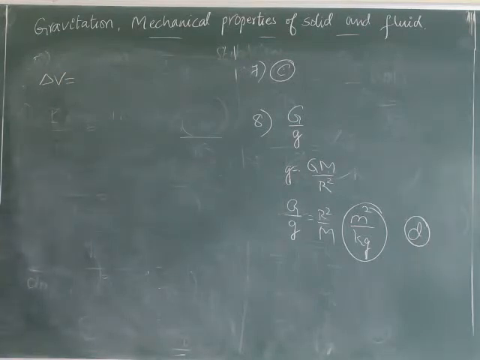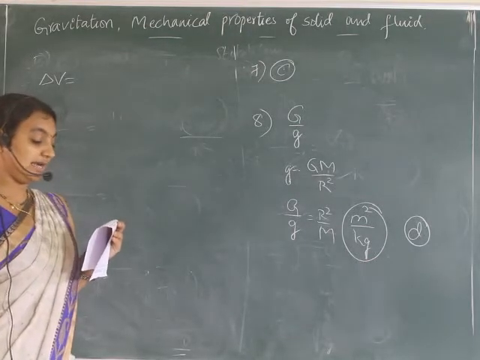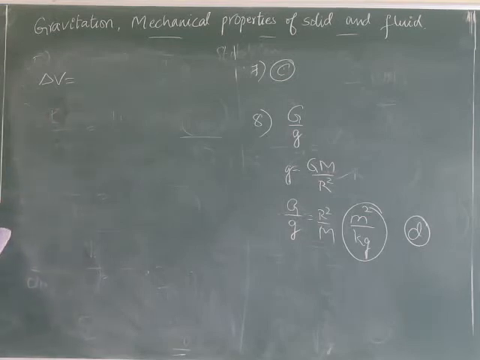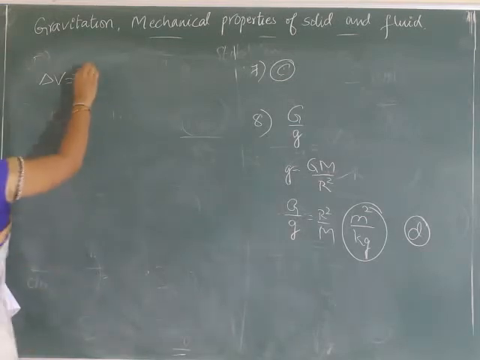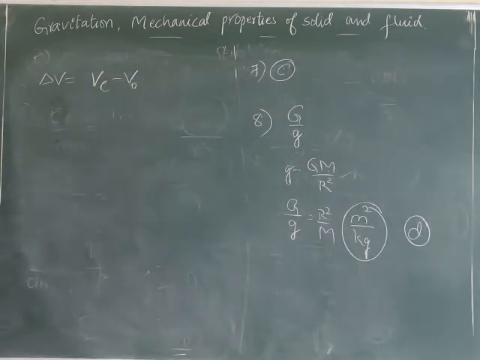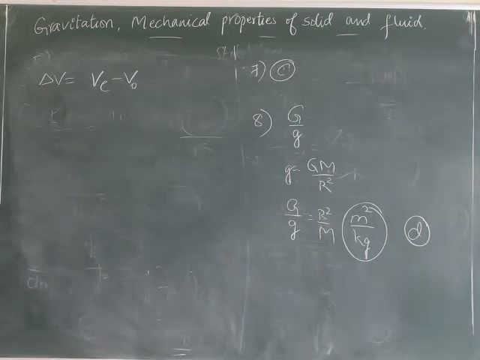We have to calculate delta V. That is the extra velocity you have to give to the orbiting satellite to become free from Earth's gravitational field. So escape velocity of the Earth minus orbiting velocity, if we do, we'll get the velocity.